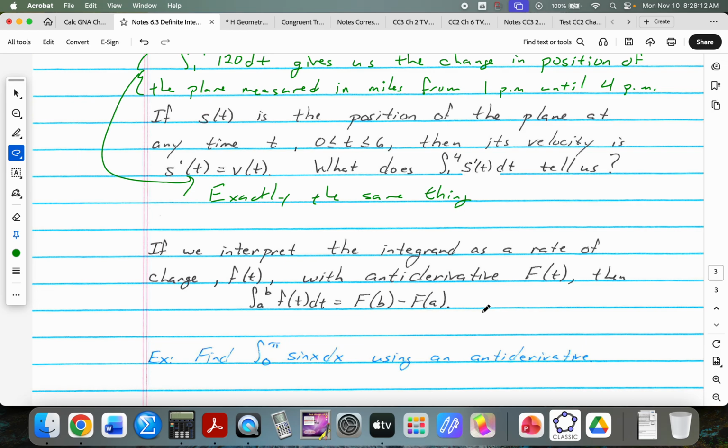I can't tell you how many problems on the AP exam I've seen over the years where you can use this idea. Sometimes it's easier to think of it this way: capital F at b is equal to capital F at a plus the integral from a to b of f of t dt.